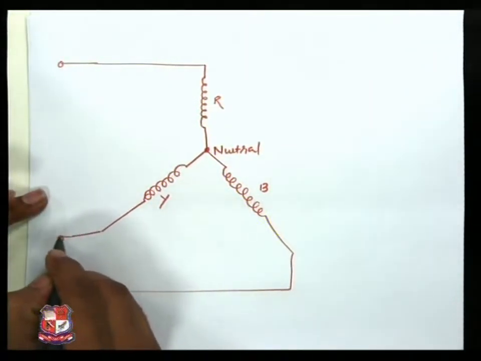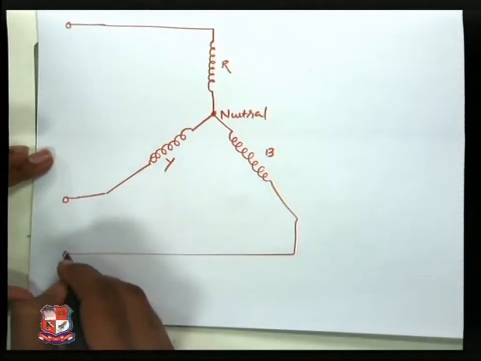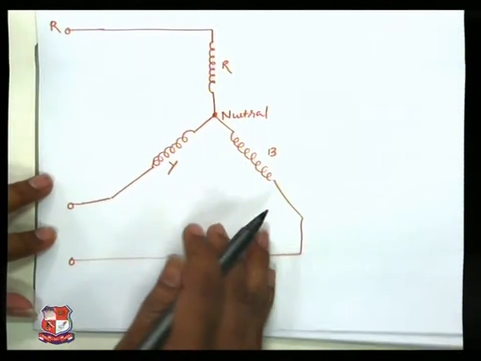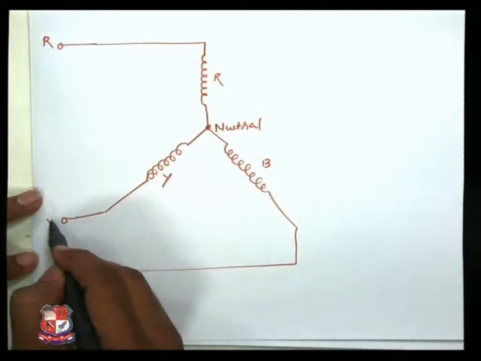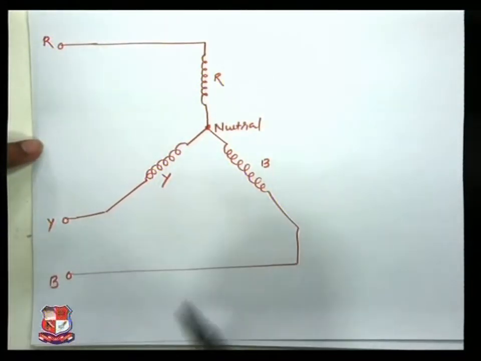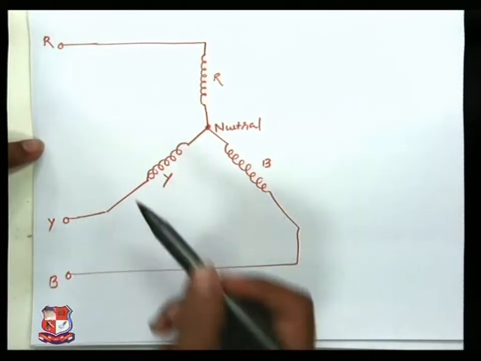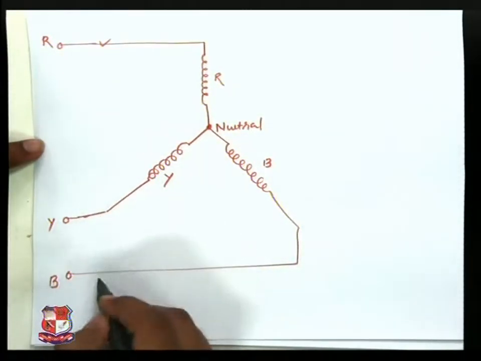R, Y and B. So these are the 3 phases and these are the 3 lines.